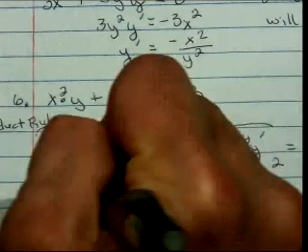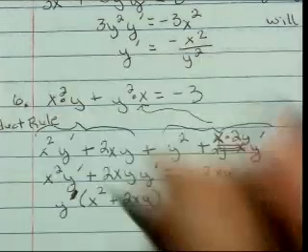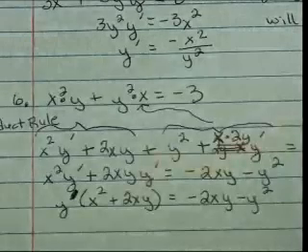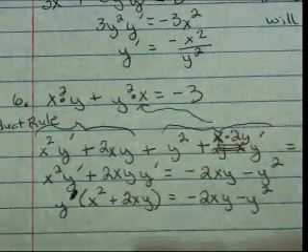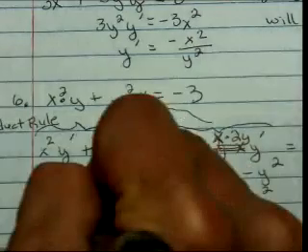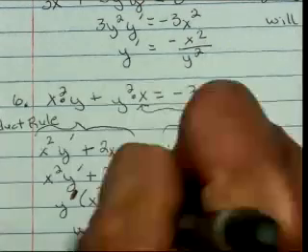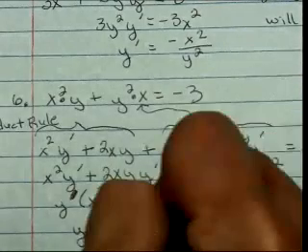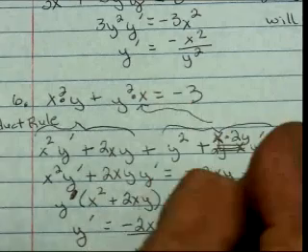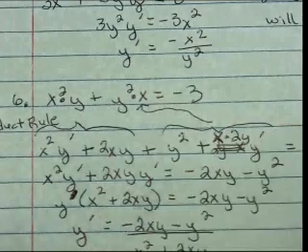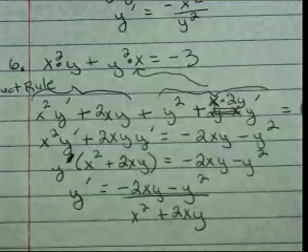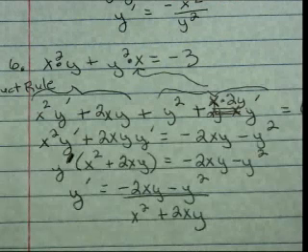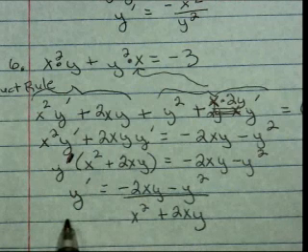Let me make it bigger. Then divide by the stuff that was left after you factored out a y prime. That's the derivative. And it's ugly. It has both x's and y's in it. But we have done what we set out to do. We found the derivative of y. We have the y prime by itself.